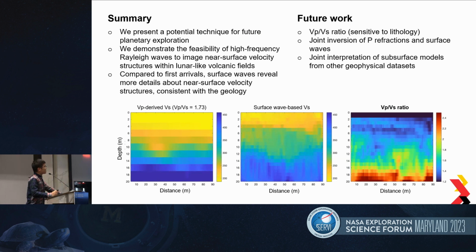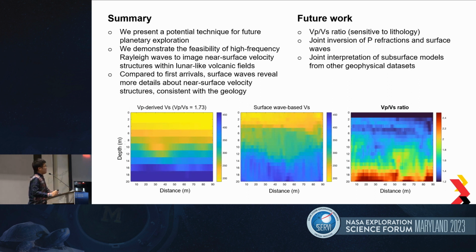For future work, one interesting point is the VP-VS ratio, because right now we have the VP structure from the first arrivals and the VS structure from the surface wave inversion. We can use the VP-VS ratio because it is sensitive to lithology and pore fluid.